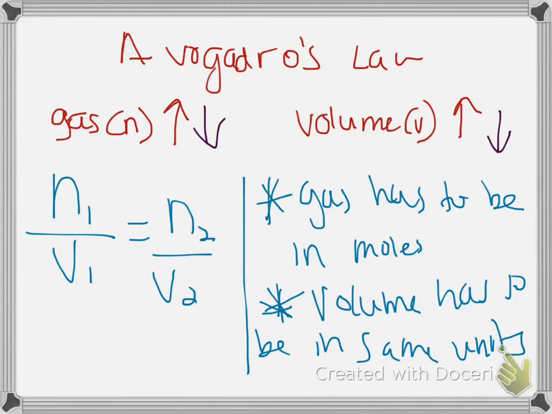So let's say if I had 20 liters of nitrogen, I can't have 20 pints of nitrogen. So they have to be in the same units. So liters, pints, gallons, whatever.